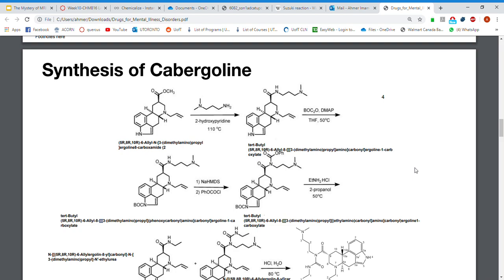Because if you didn't protect the bottom nitrogen, it would possibly react with it. Exactly. The whole point of protecting is so you preferentially get the reaction going somewhere else, the place you want it to. That's a really good point. That was lab two stuff.